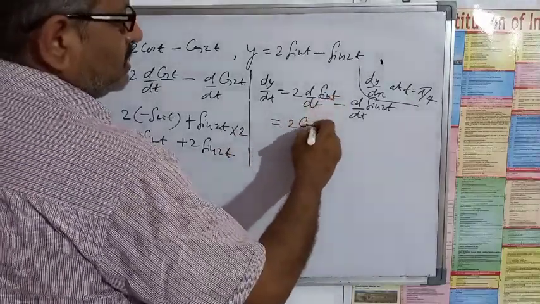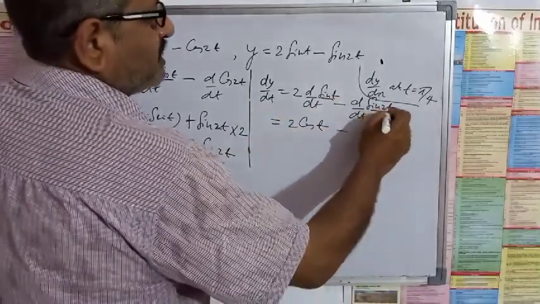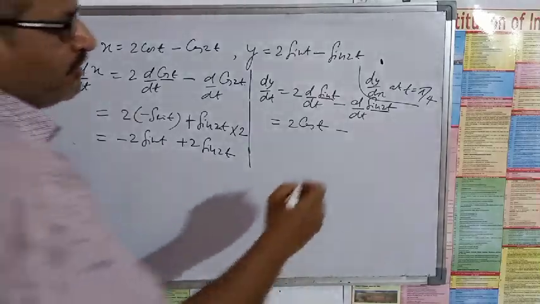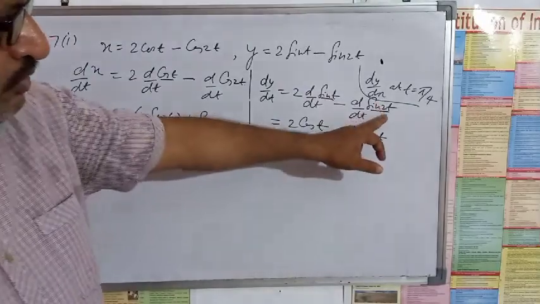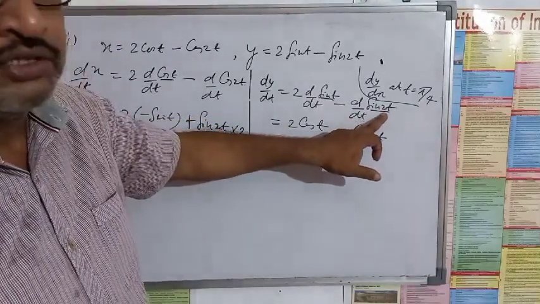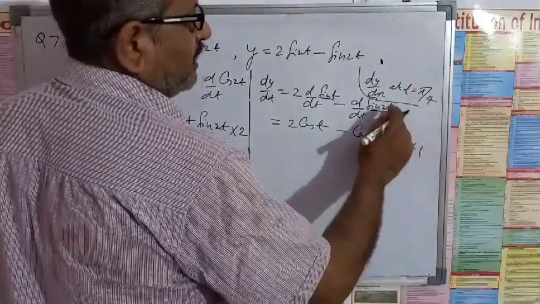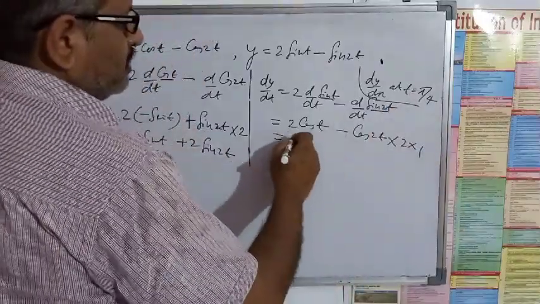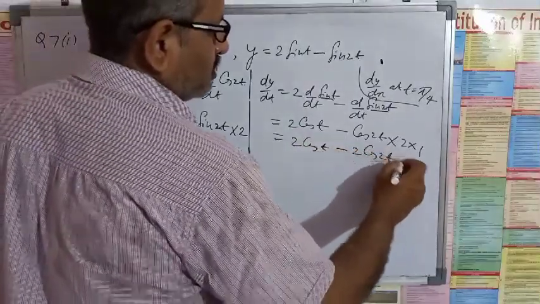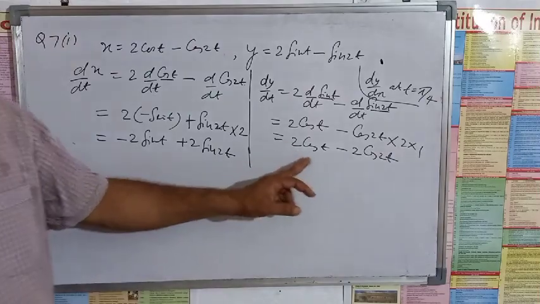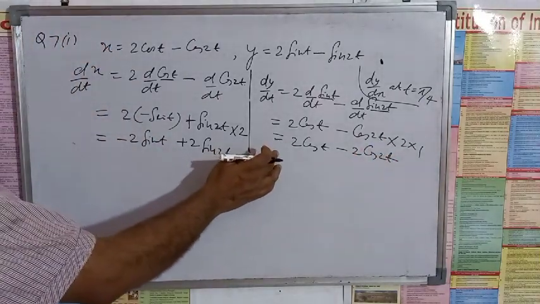The derivative of sin t is cos t, minus the derivative of sin 2t, which is cos 2t. After that differentiate 2t also: 2 is constant and the derivative of t is 1. So 2 cos t minus 2 cos 2t. So it was dy by dt.